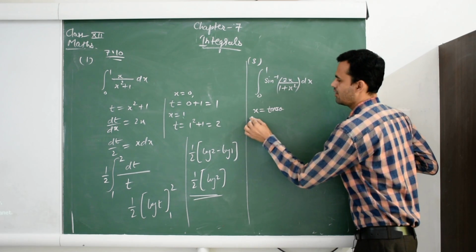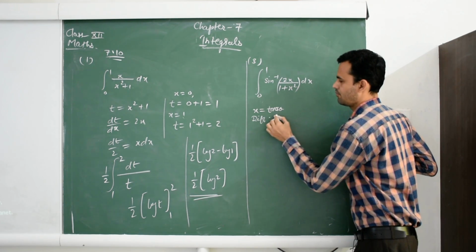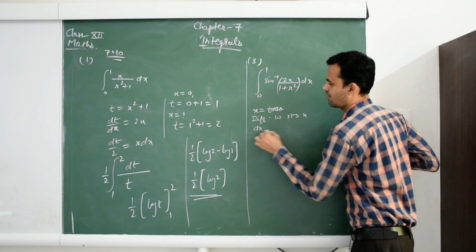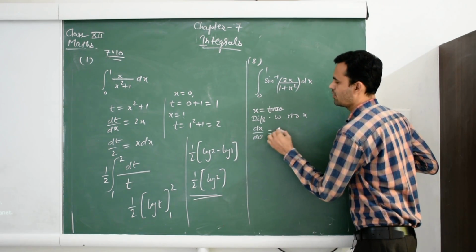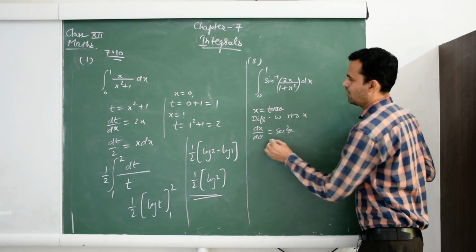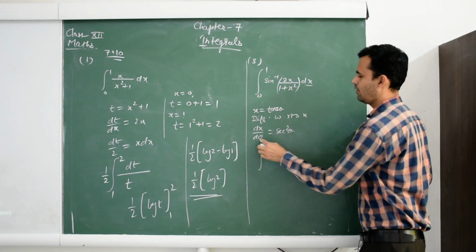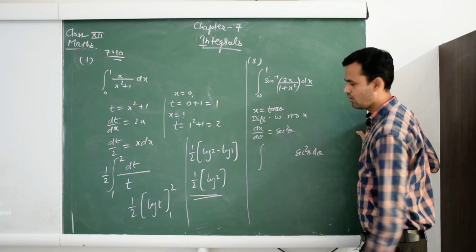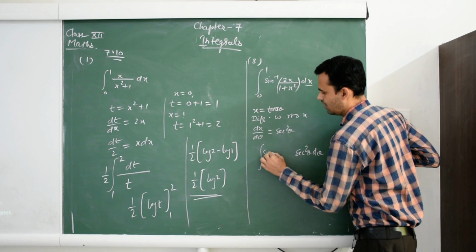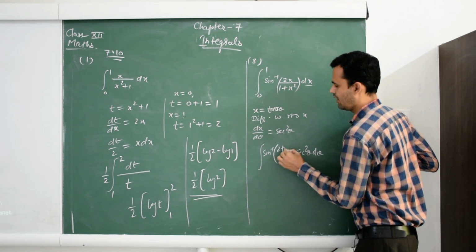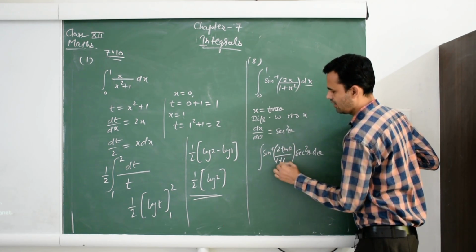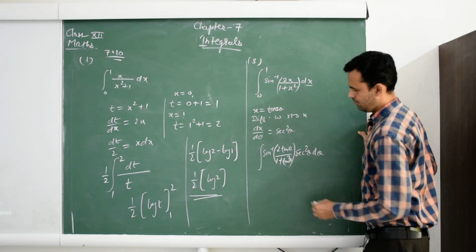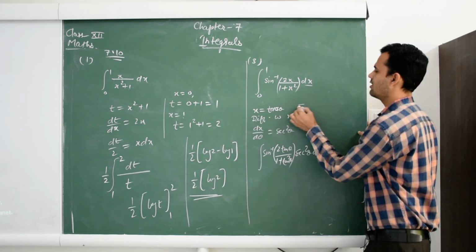Differentiating with respect to theta, dx by d theta equals sec square theta. So in place of dx we write sec square theta d theta, and we have sine inverse of 2 tan theta upon 1 plus tan square theta. And the limits are also changed.